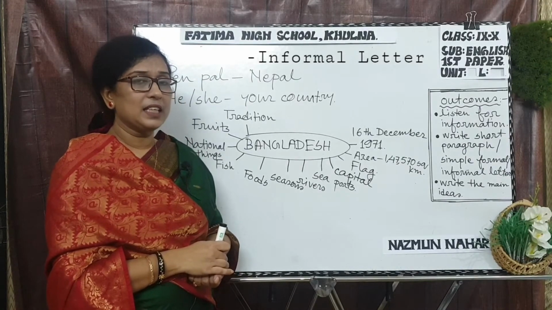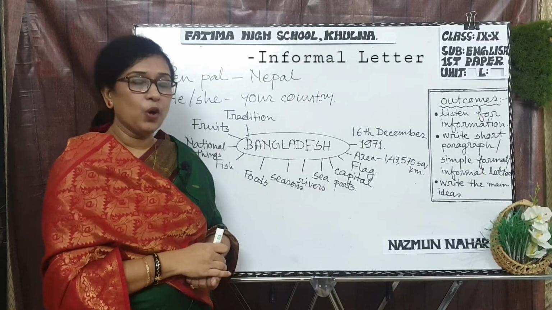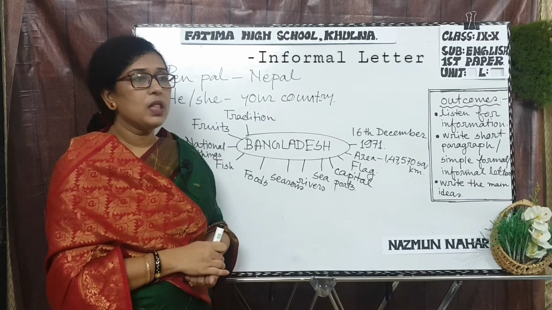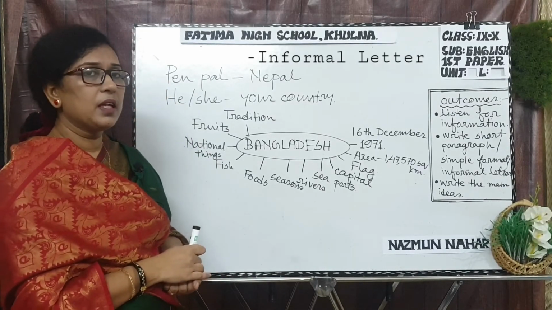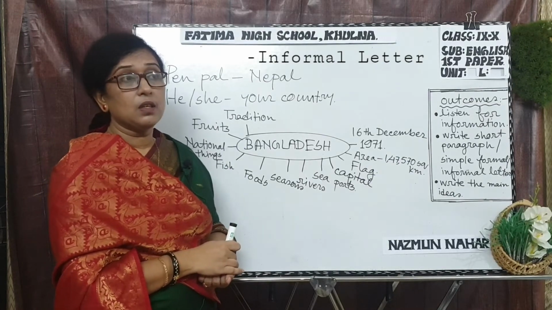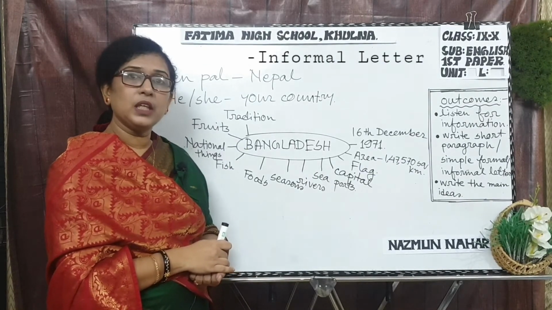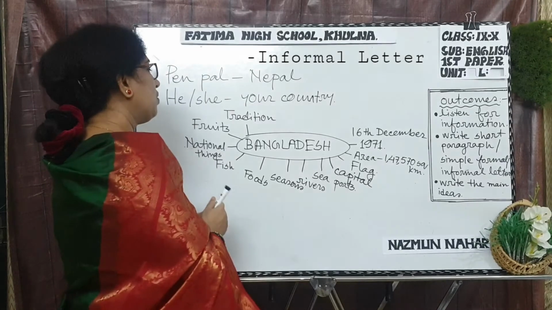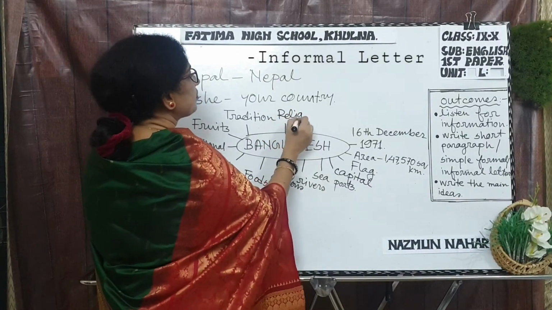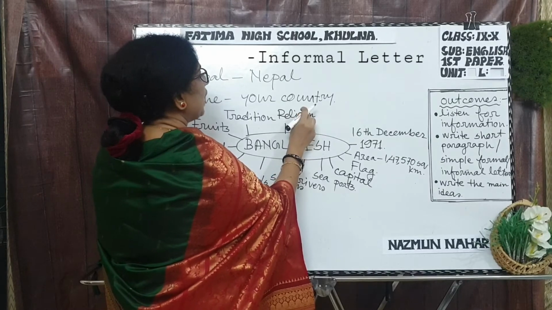And you can write that there is a slogan, Dharmo Jarjar, Utshab Shabar. In Bangladesh, all types of religious people and different castes, creeds and societies live in harmony. So you can write about the religion of Bangladesh.